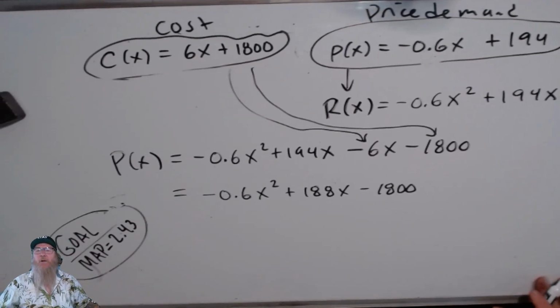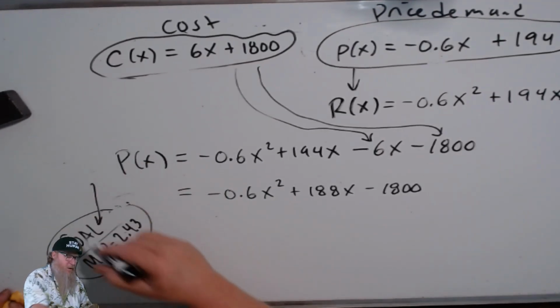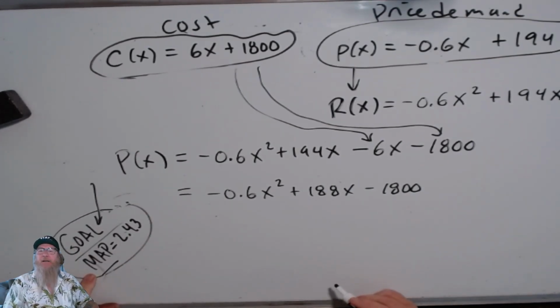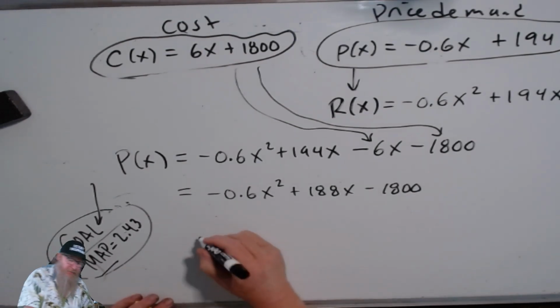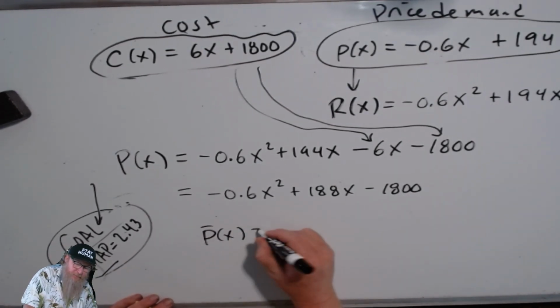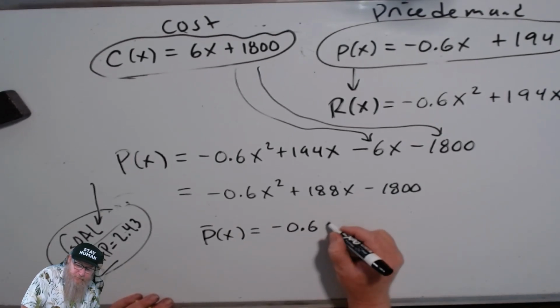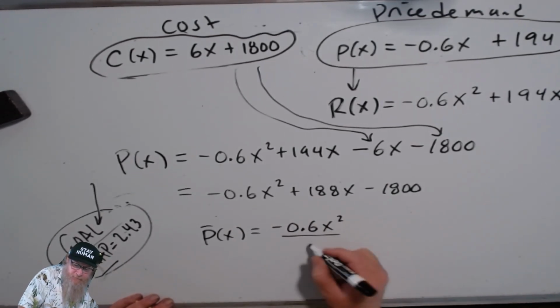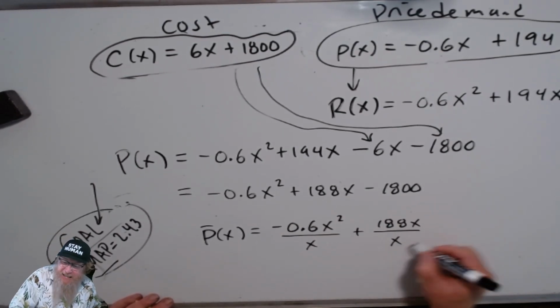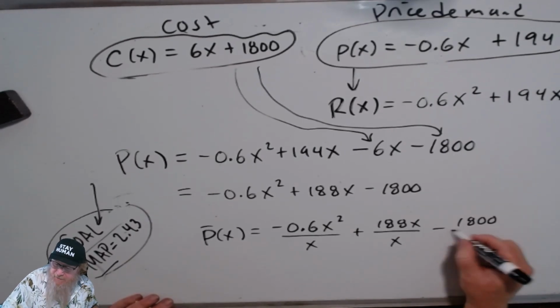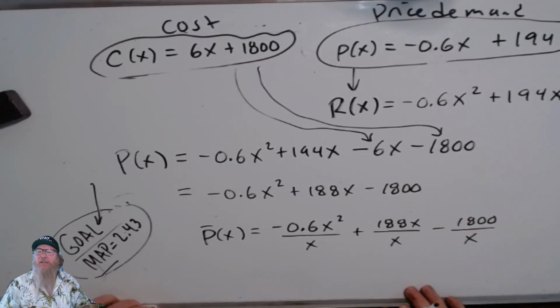All right, there's my profit function. Now, here's our goal. Our goal was marginal average profit of $2.43. That's our goal. This is just profit. So now I need average profit. I'm going to do that trick again, or technique, dividing them individually instead of all at once. If you prefer doing it all at once, you certainly can.